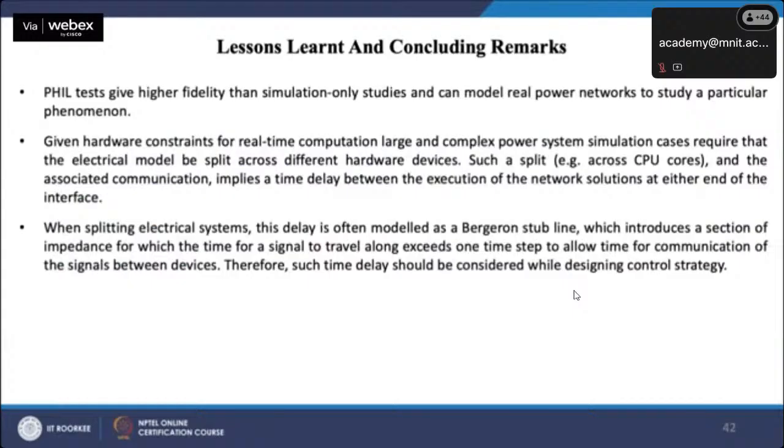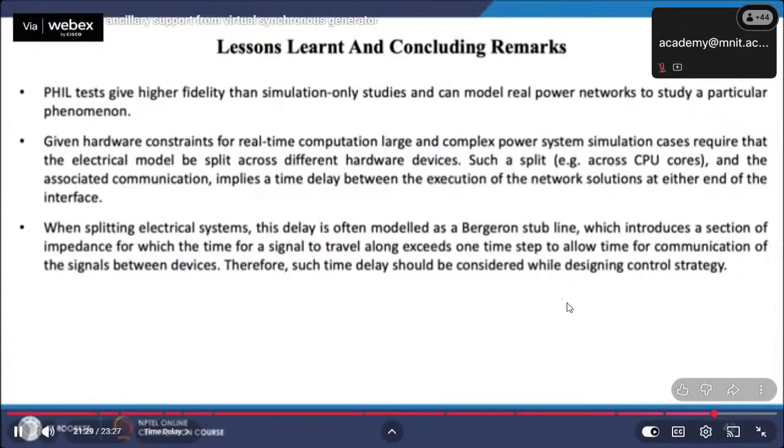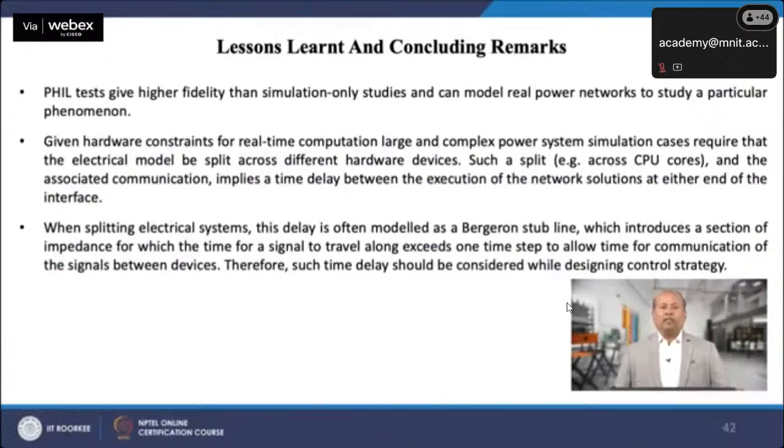PHIL tests give higher fidelity than simulation only studies and can model real power networks to study a particular phenomenon.